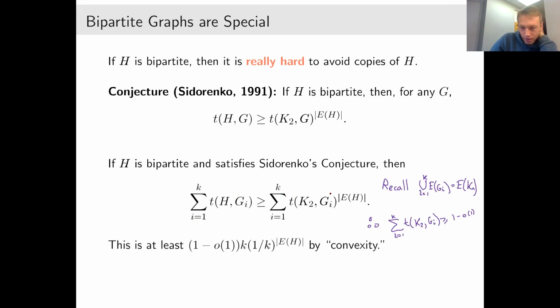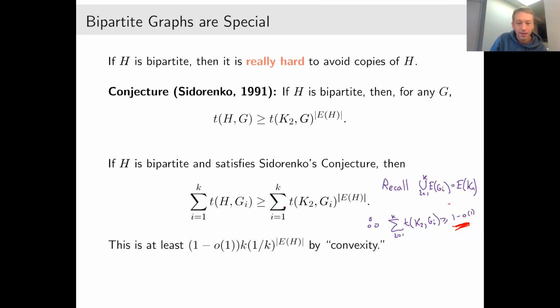A key thing here is that the edge sets of the graphs Gi union to the complete graph, so if I add up their edge densities, it must be 1 minus little o(1). It's technically not 1, but it will be very close to 1 as n goes to infinity.